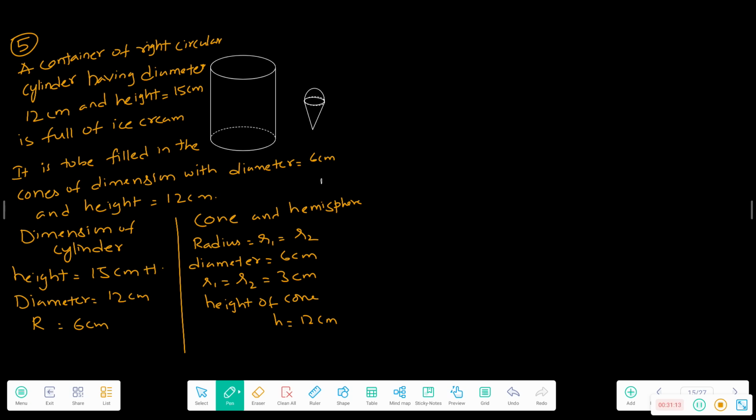So the volume of cylinder is equal to... now the number of cones we need to find. He asked to find the number of cones.